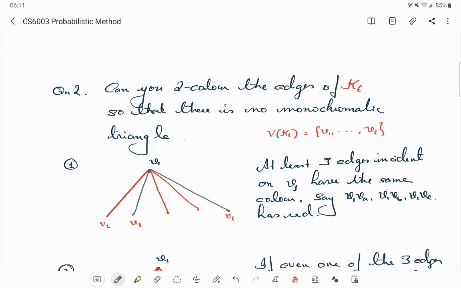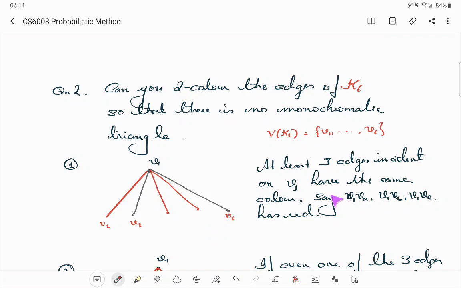So you either have 3 green edges or 3 red edges. Just to keep the picture possible, I am assuming that it is the red color which appears 3 or more times incident to V1. If it was green which appears 3 or more times, it's essentially the same proof.